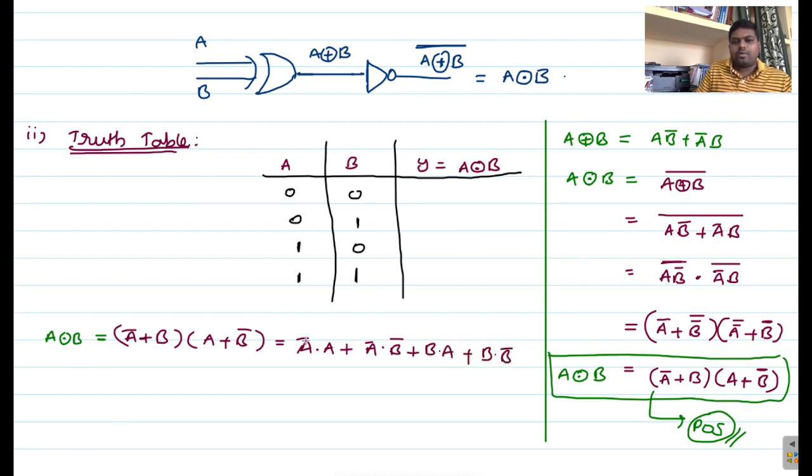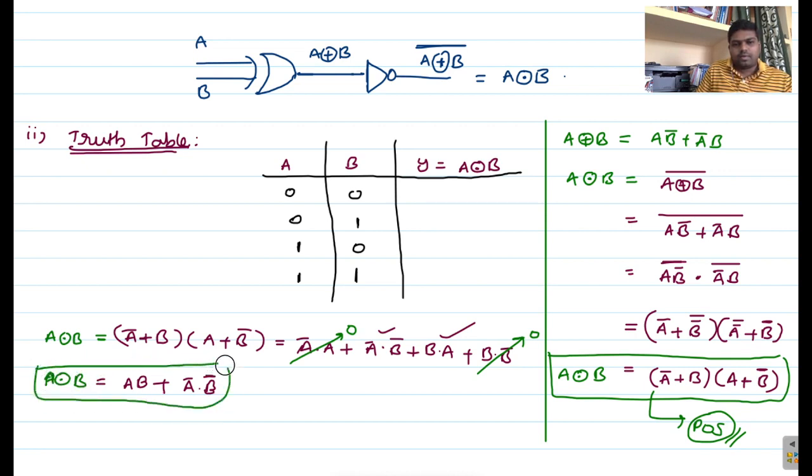But according to AND operation theorem, A bar into A is nothing but 0, and B into B bar is nothing but 0. Then what you will get: A B term, plus A bar B bar term. This is your A XNOR B sum of product nature.